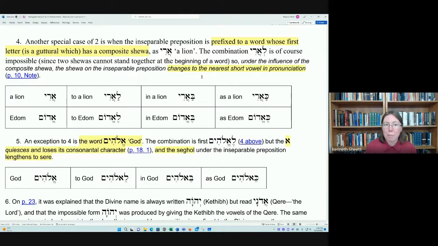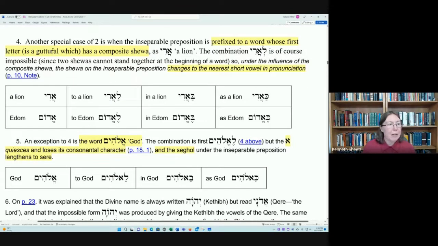And remember, those composite schwas are vocal schwas that can occur underneath a guttural, because gutturals cannot take the simple vocal schwa. And we have four letters that are gutturals: the aleph, the he, the heth, and the ayin.